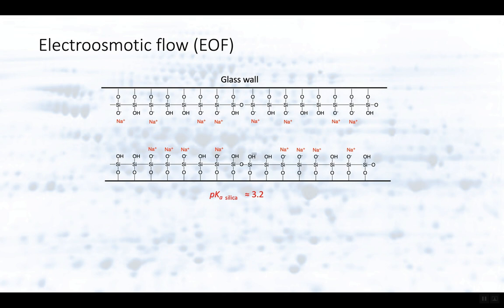So there's little complexities here that sometimes you have to deal with. But in this case, let's keep it simple. We'll say there's a lot of sodium around in the solution, and that will form a layer, the Debye layer, adjacent to that wall, which is net negatively charged.